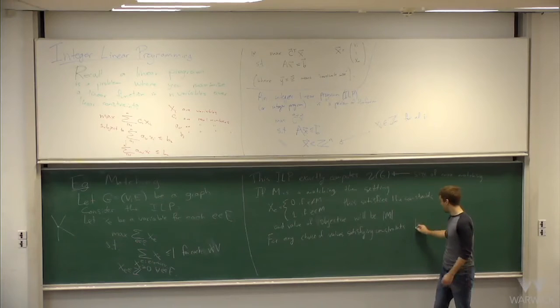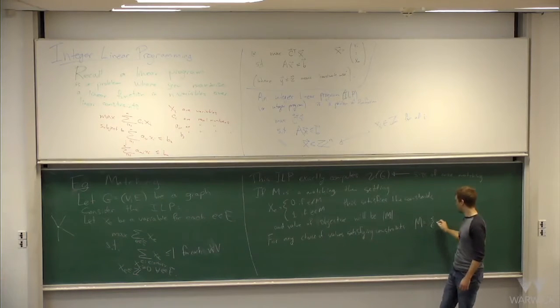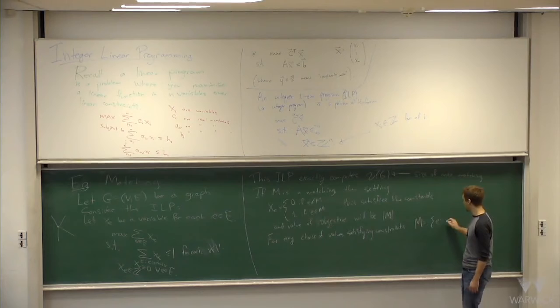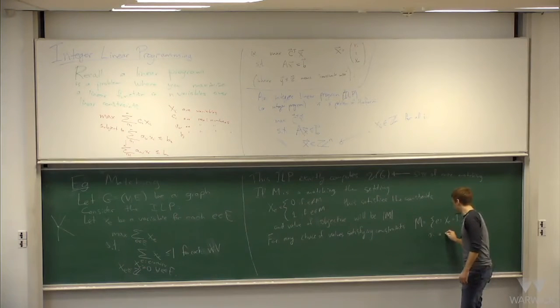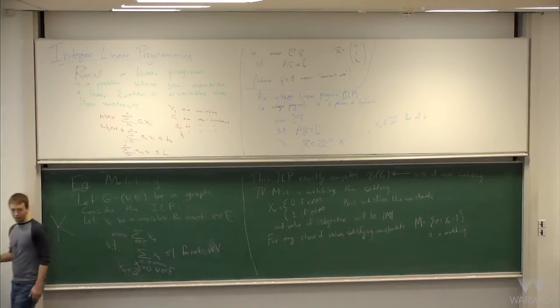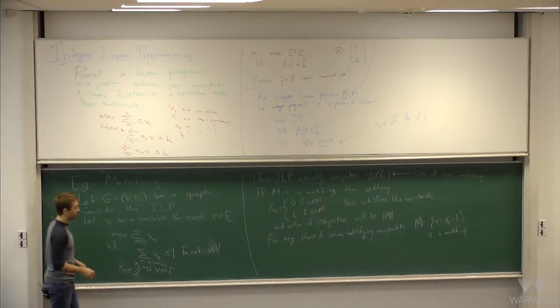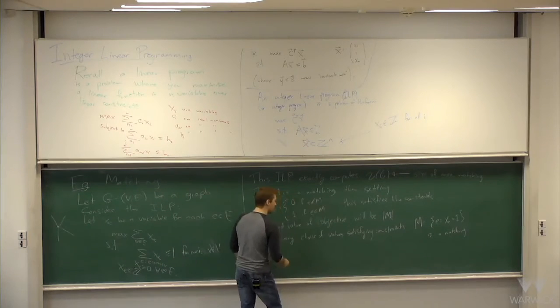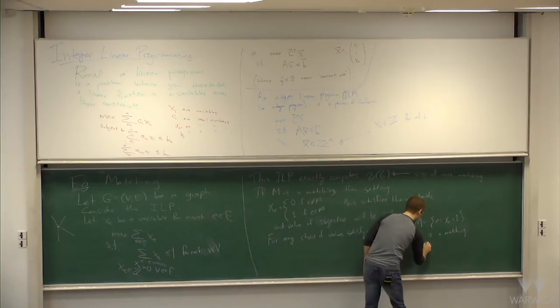If I take the set M to be all the edges e such that xe equals 1, this is going to be a matching, right? And again, the size of this matching is going to be equal to the value of the objective function. So yeah, if you think about it, it's kind of clear that this should compute the value of the biggest matching, but these are the kind of details which, yeah, so it's a matching with cardinality.